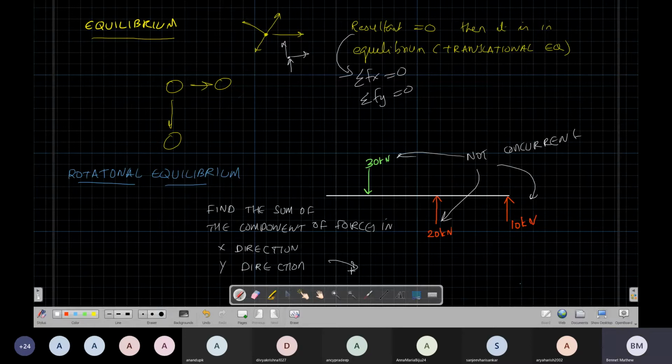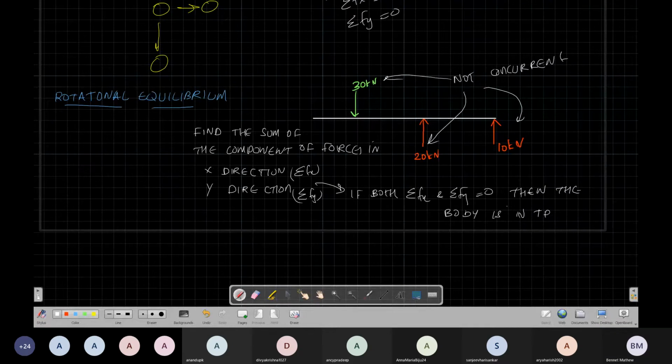Now, this I'll call summation of Fx, and this I'll call summation of Fy. If both summation of Fx and summation of Fy are equal to 0, then the body is in translational equilibrium.